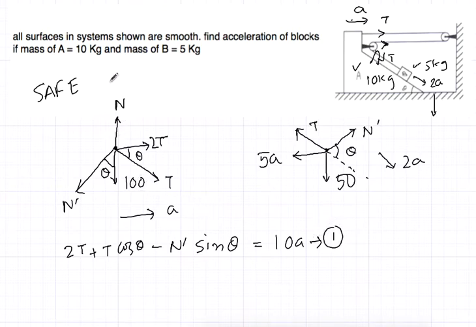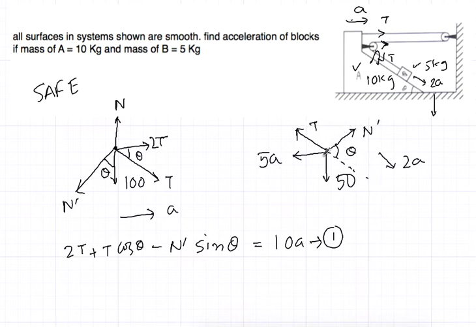I am not taking N in this equation. I don't require this equation. This body is not moving in this direction, so obviously N equals 100 plus N dash cos theta, but that is not required. Come to this: how many unknowns can you see? I can see three unknowns, T, N dash and a. So we need at least three equations, right?